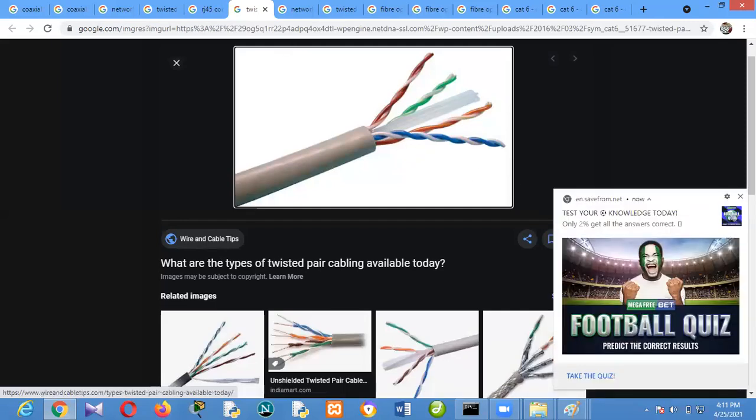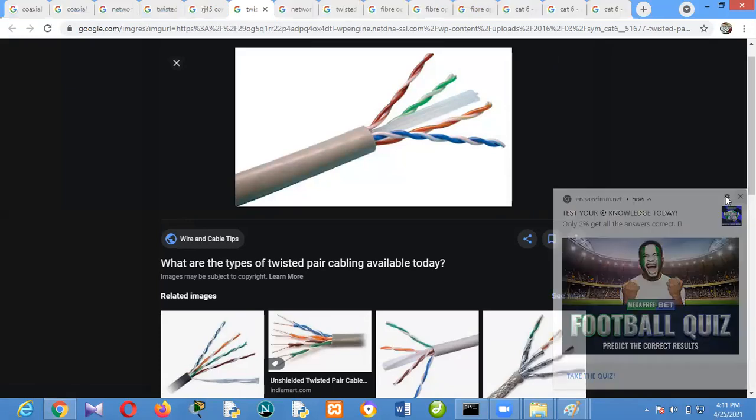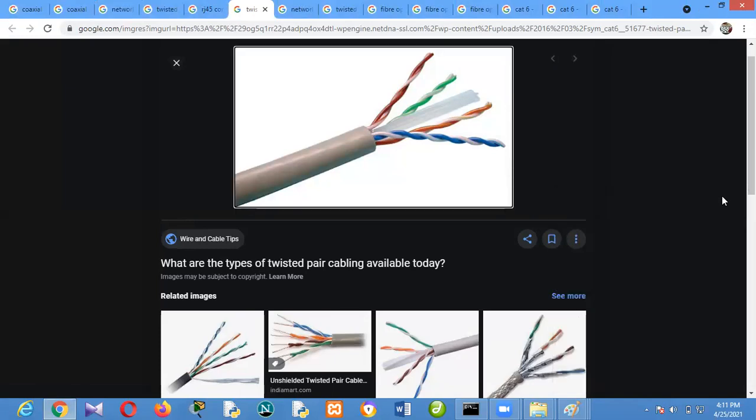Why do we have unshielded twisted pair and shielded twisted pair? It is because of what I've explained to you before. If there's no way I can avoid maybe an electrical cable, maybe a cable that is carrying current, maybe now I'm running my data cable through a conduit, I'm going to pass it close to an electric cable.